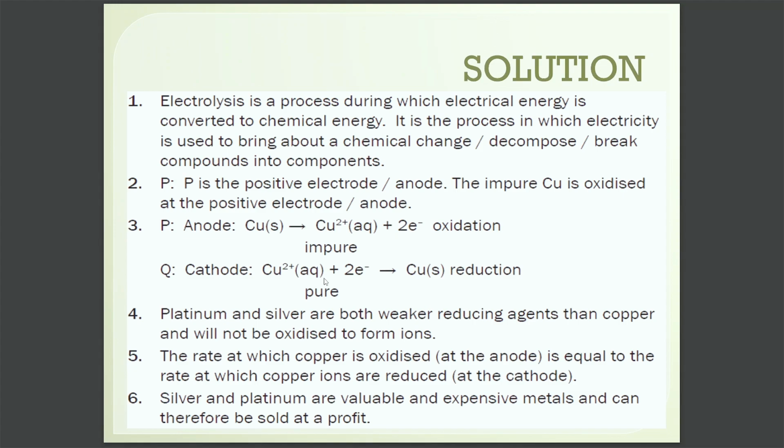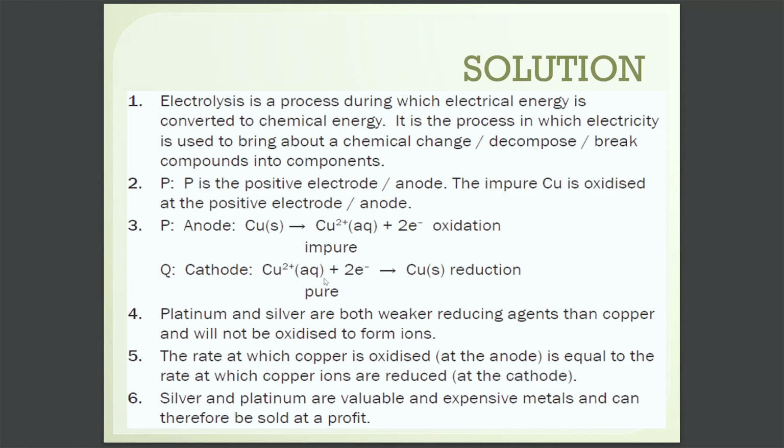Why are we saying so? Because P is a positive electrode. And what is the meaning of positive electrode? It means that we are looking at the anode. At the anode, a substance is being oxidized. So the impure copper is oxidized at the positive electrode.